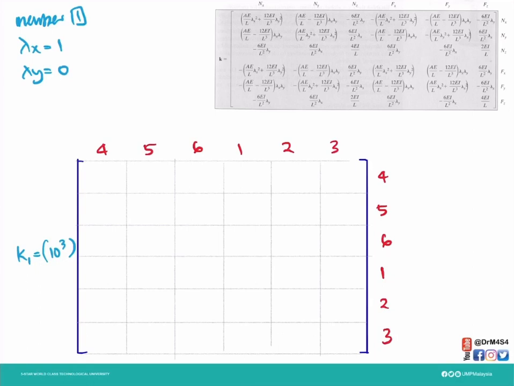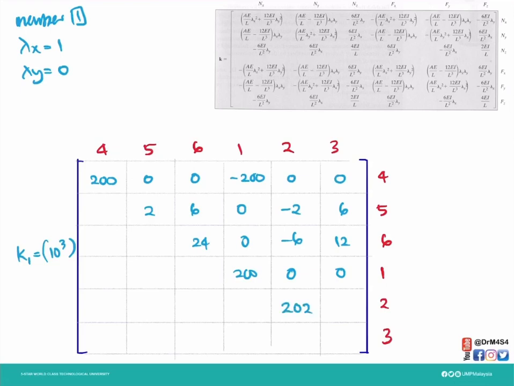So it's enough to find half side. So we done half side. Then the next one, you just copy it easily. So we done for member 1.